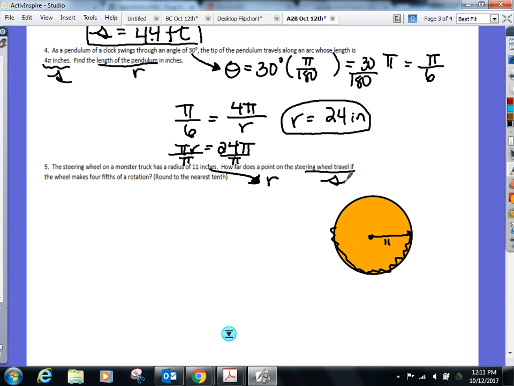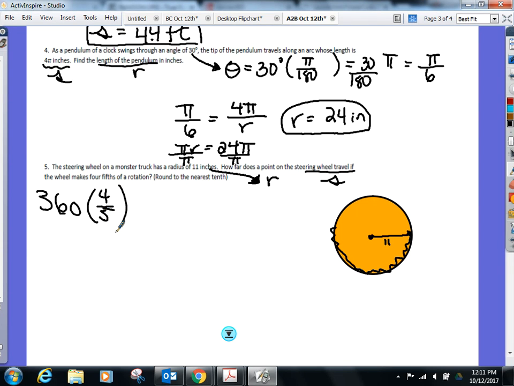So if I take this wheel, rotate it all the way around, how many degrees did it just go? 360. But it's only going to go 4/5 though. So what do you suggest I do with that 360 degrees in one rotation and the 4/5? Well, just multiply it with 4/5.